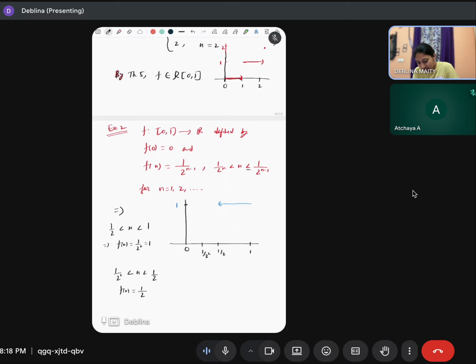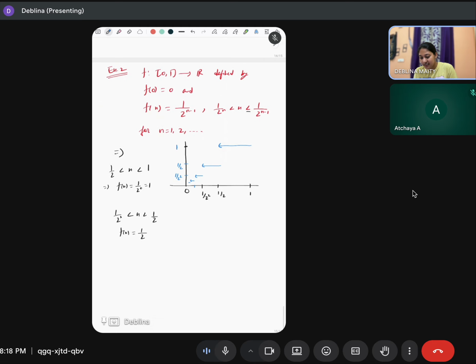So from 1 by 2 square to half, it is half, right? Open at 1 by 2 square, right? And it will be 1 by 2 square like this, right?